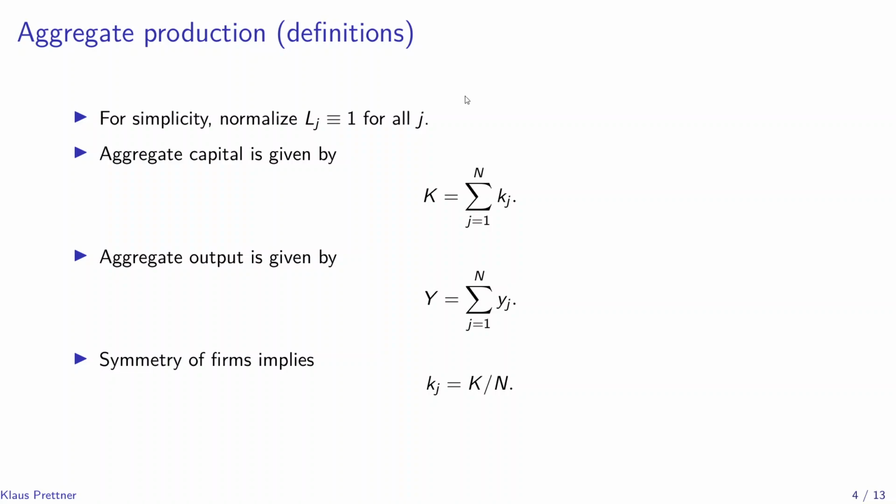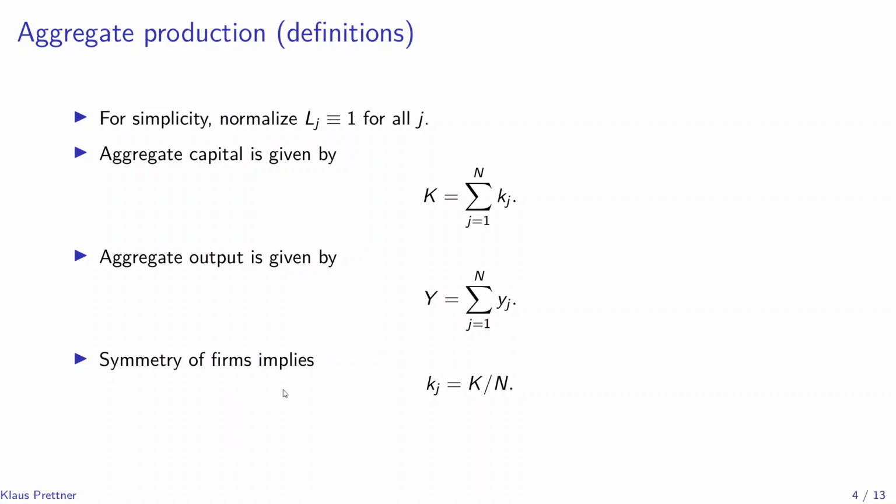Now the next slide just clarifies some definitions, normalizations and assumptions. So for simplicity, we now normalize employment of a particular firm to 1 for all firms j, which makes life much easier and does not change any of the underlying results. Aggregate capital, as I already said on the previous slide, is the sum over the capital stocks of the individual firm from j equal to 1 to uppercase N. Aggregate output is the sum over all firms' output.